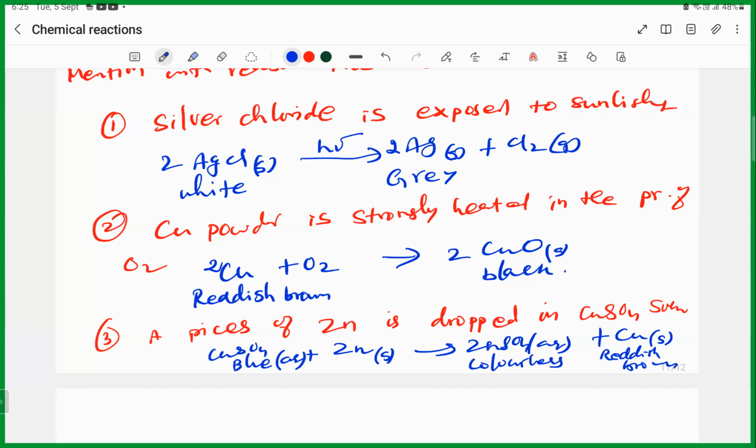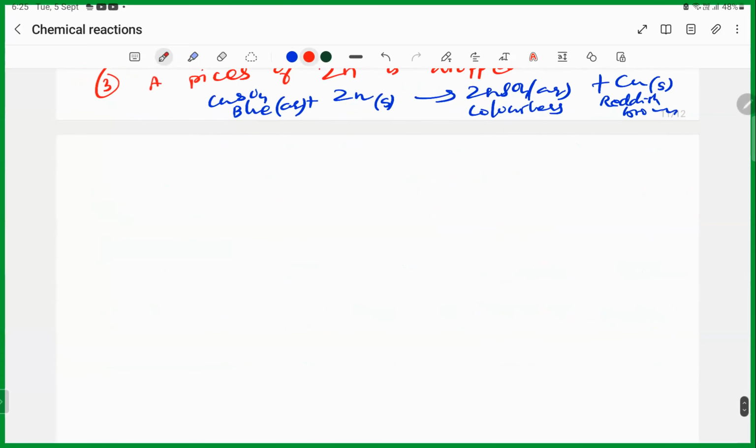Clear? Yes, sir. Lead nitrate solution is added to a test tube containing potassium iodide. What will happen? What is the formula for lead nitrate? Pb(NO3)2. What is the formula for potassium iodide? KI, sir. Then what product will form?